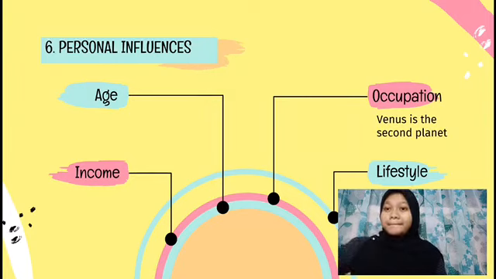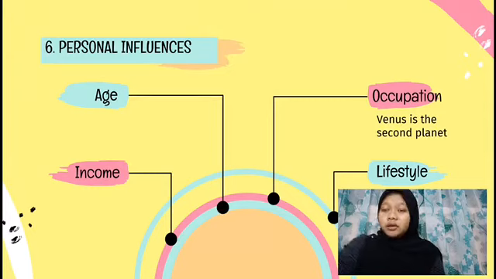Next, income. Income has the ability to influence the buying behavior of a person. The higher the income, the higher the purchasing power of the consumer. For example, when a consumer has higher disposable income, it gives more opportunity for the consumer to spend on luxurious products.